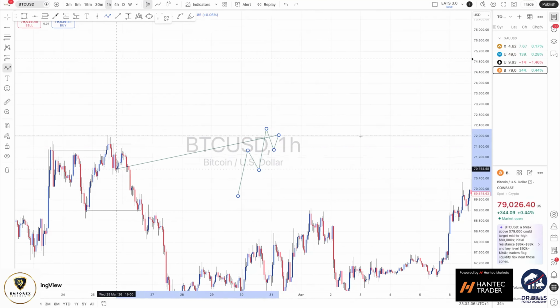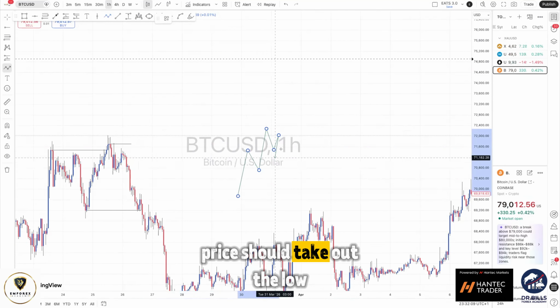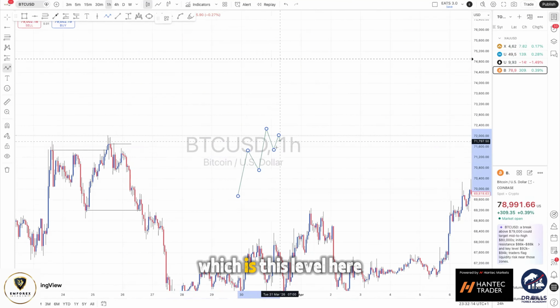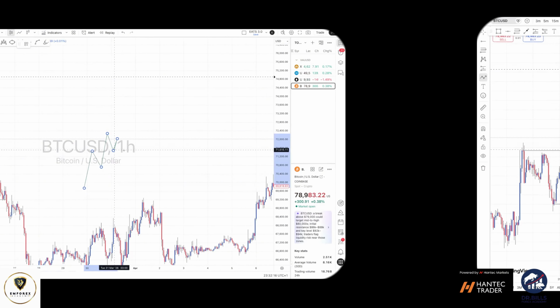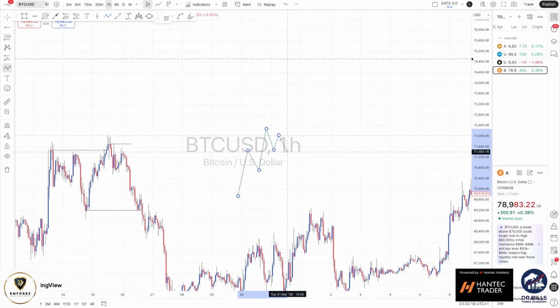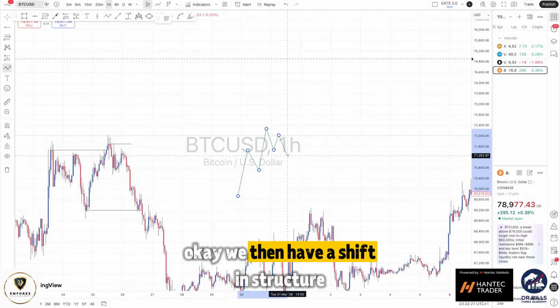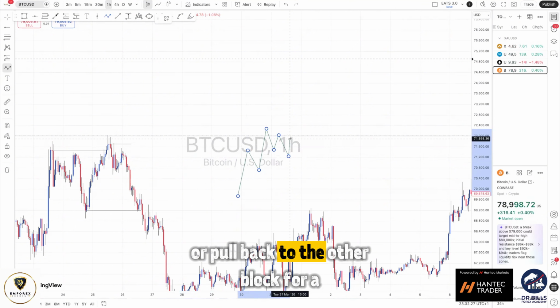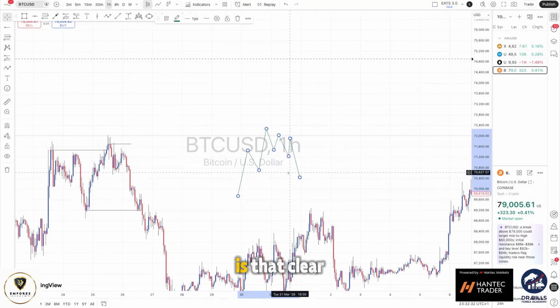Okay, what we should be expecting is price should take out the low or the high that caused that failure to swing, which is this level here. The moment we break it, okay, we then have a shift in structure. Price can either pull back to the breaker block or pull back to the other block for a continuation to the downside. Is that clear?